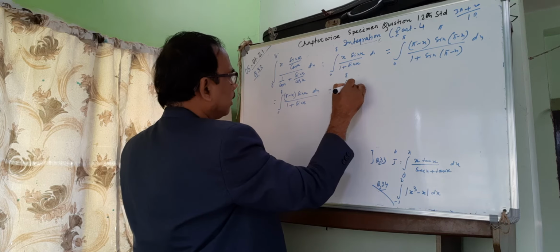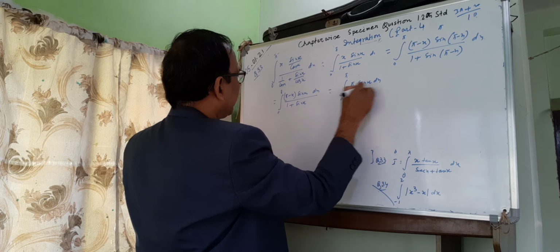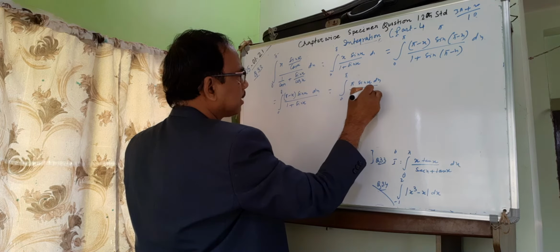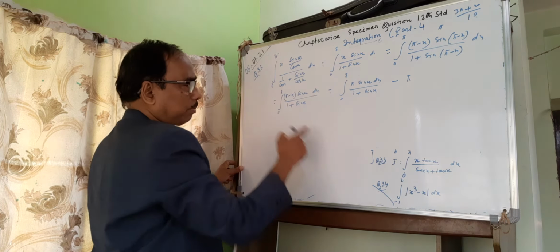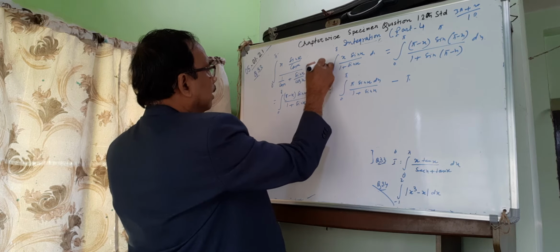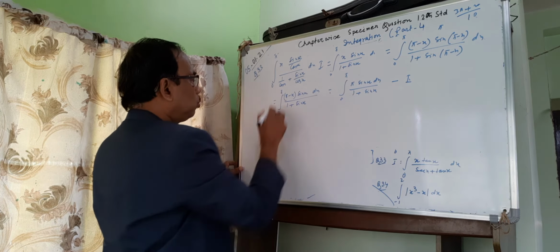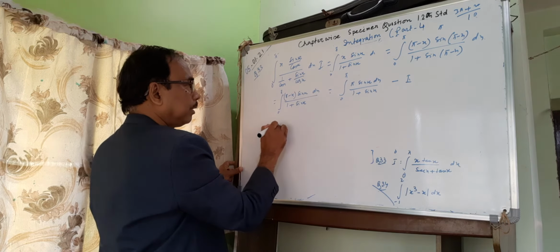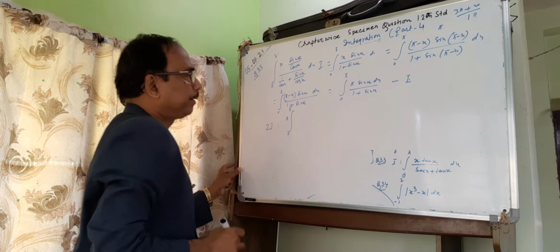Pi sin x dx by 1 plus sin x minus I, that is x sin x dx by 1 plus sin x, that is I. We can take this as I minus I. Then 2I, pi is outside, 0 to pi.